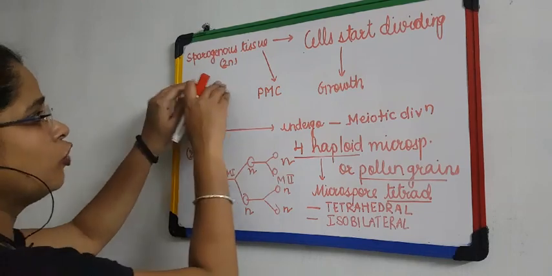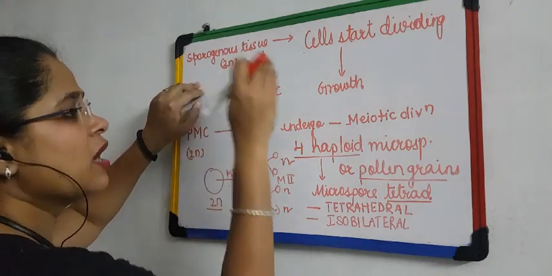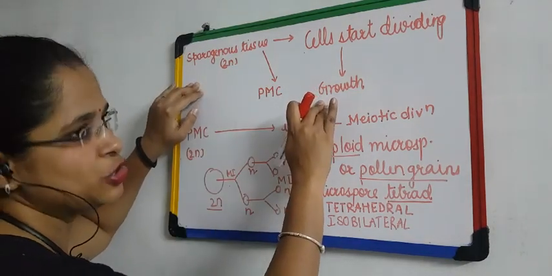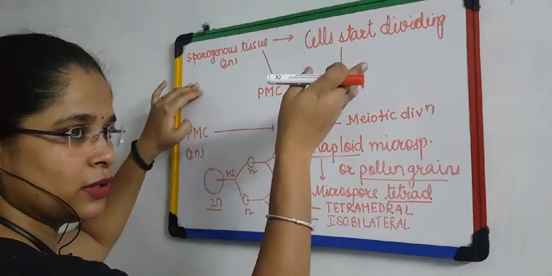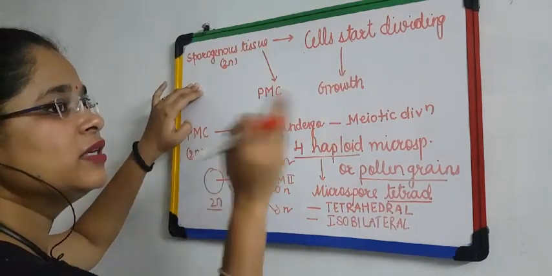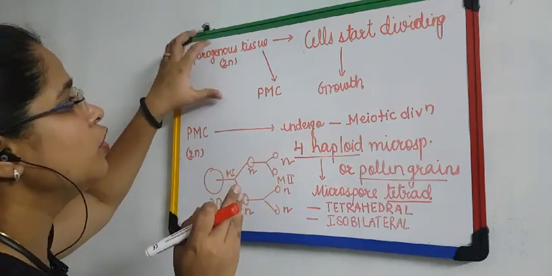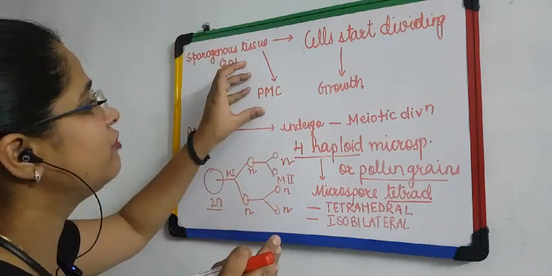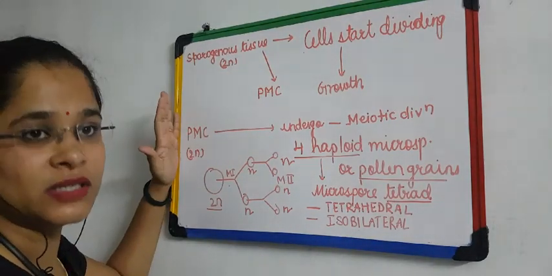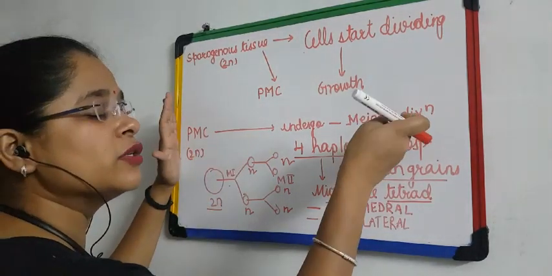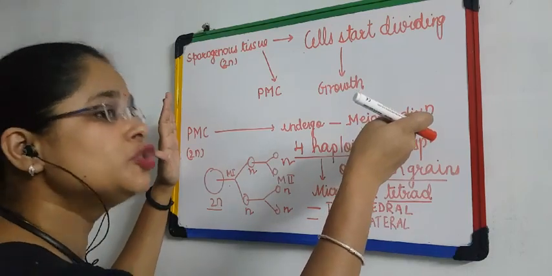Again, sporogenous tissue starts undergoing growth and maturation. As a result, the number of cells increases. When the number of cells increases, sporogenous tissue differentiates and functions as PMC. This PMC undergoes meiosis 1 and meiosis 2.